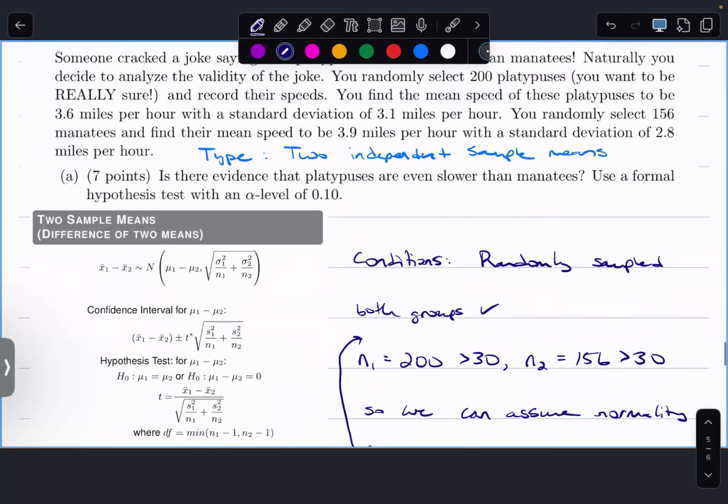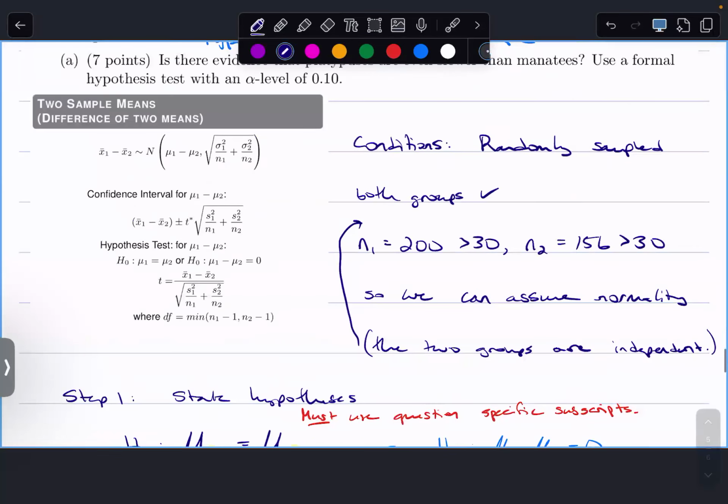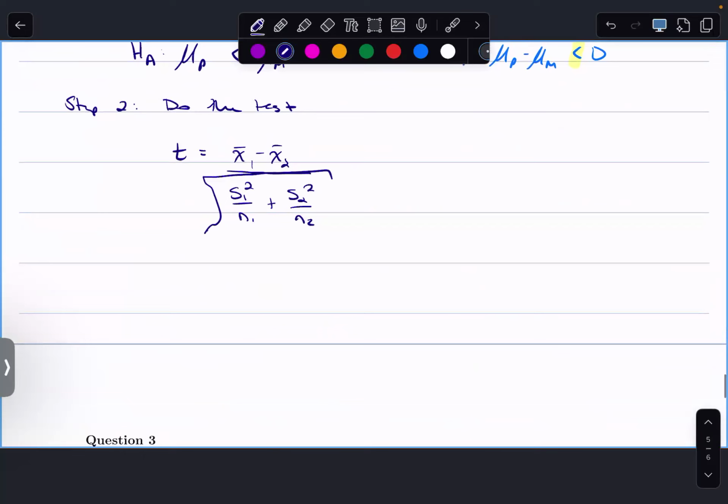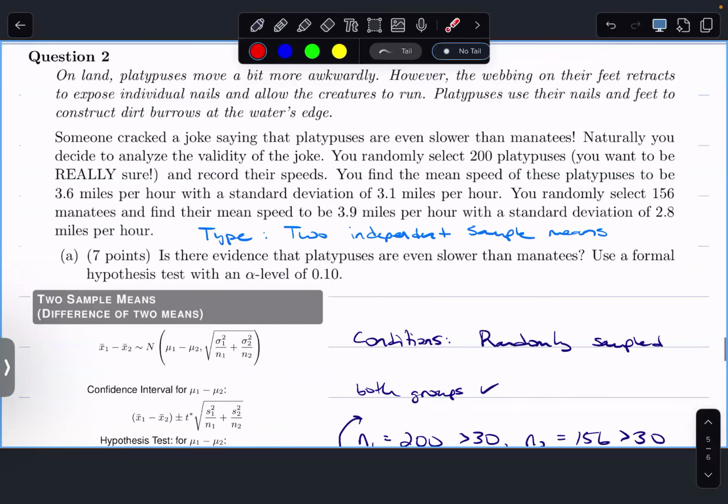Let me see if I have all that information. 3.6 and 3.1 for group 1. 3.6, 3.1 squared over 200. Group 2, the platypuses, sorry, the manatees, 3.9 with a standard deviation of 2.8.